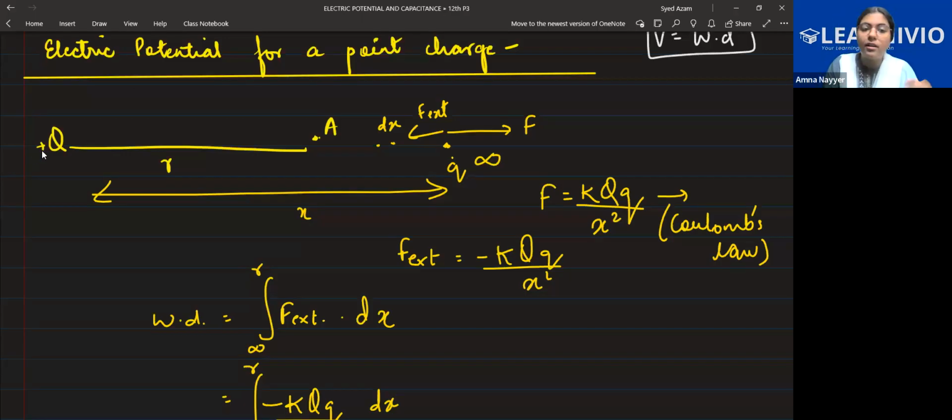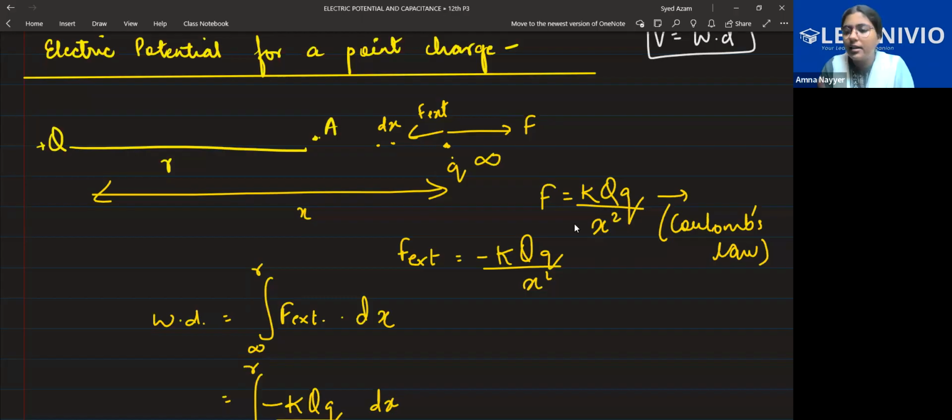So we brought plus capital Q, which is separated by a distance of R at point A. And we are bringing a charge from infinity to this point against the external force, whatever we have studied. And small x is the separation between both the charges. Now, what did we do? We have just taken a very, very small point in between from this infinity path to this point A, and we are extending it. We are integrating it from infinity to R so as to get the entire force.